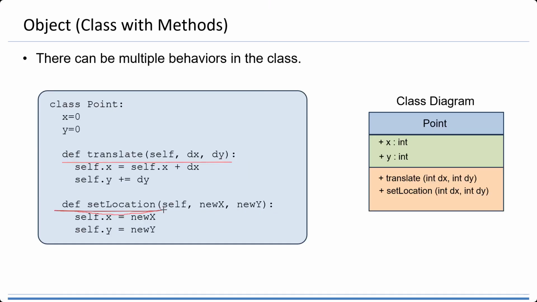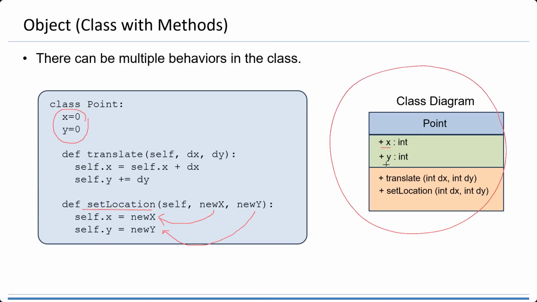I'm using the new function set location, and there are two parameters, new x and new y. It means if the original value is 0 and 0, I'm using this function and I will update the value of x and y. And the value of x and y will be the new x and the new y. And you will have a new class diagram like this.